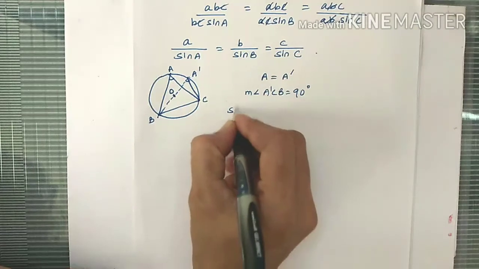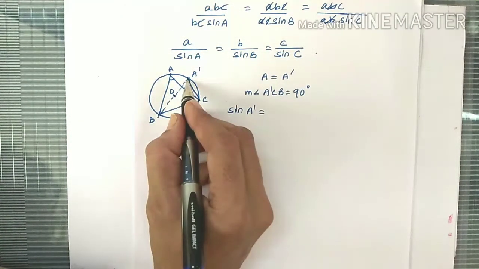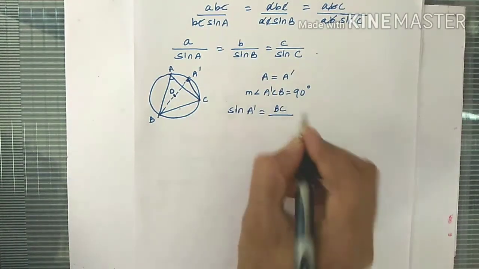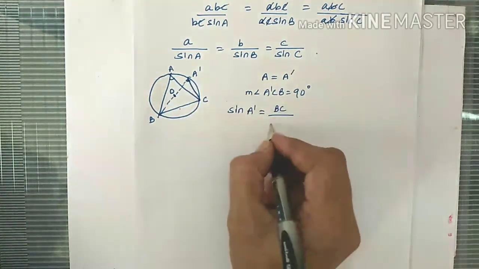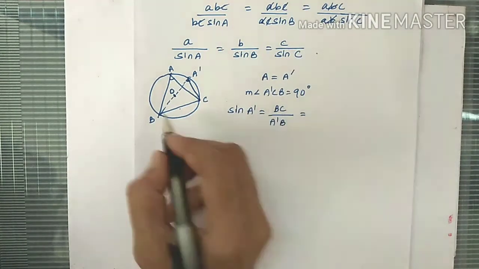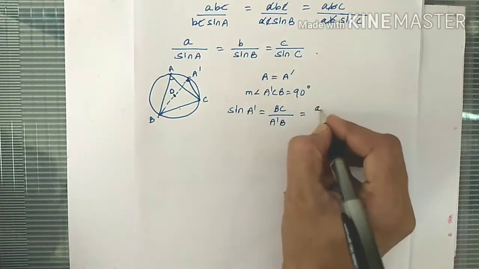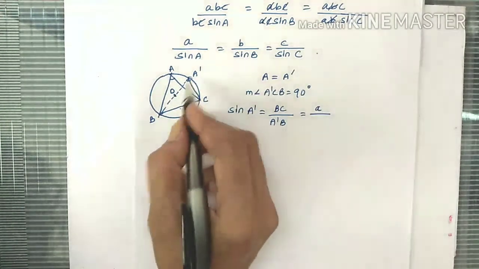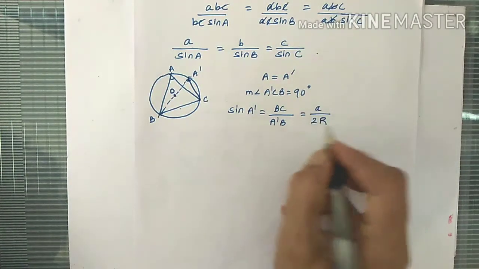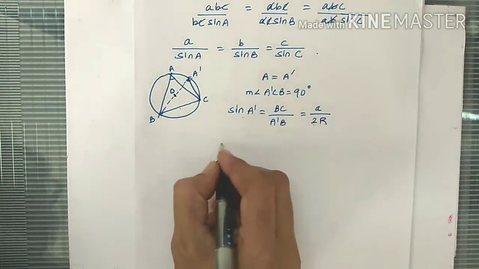So sine A dash equals the opposite side, that is BC, divided by the hypotenuse, that is A dash B. By our convention, BC is opposite to angle A, so it is small a. A dash B is the diameter, and if R is the radius, then the diameter is 2R. So sine A dash is equal to a by 2R.